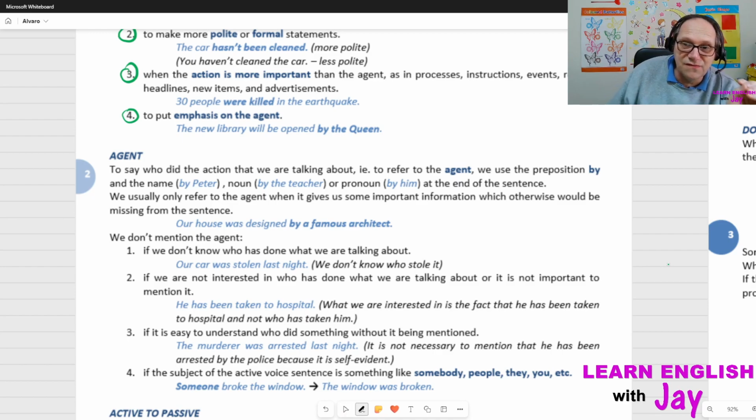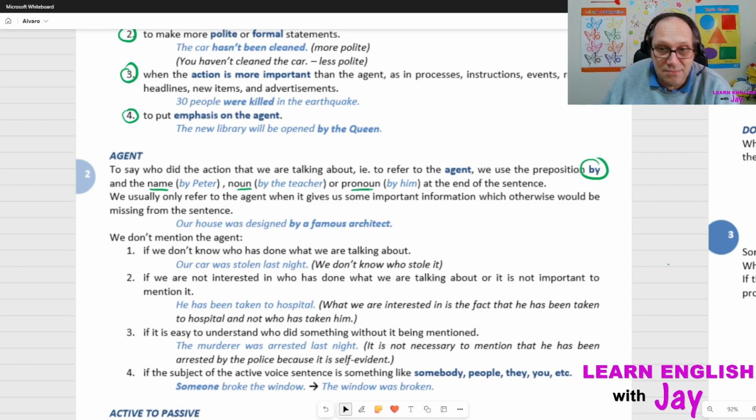We use the preposition by. It can either be a name, by Peter, a noun, by the teacher, or a pronoun, by him. At the end of a sentence, we usually only refer to the agent when it gives us important information.